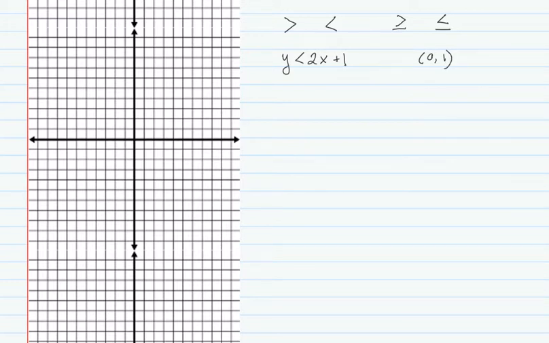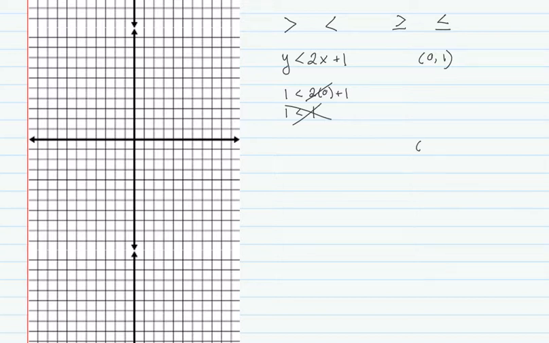That means I substitute 1 in for y and 0 in for x. So 2 times 0 plus 1. So I would get 1 is less than, 2 times 0 disappears as it becomes 0, 1 is less than 1. This is actually not true. So that means 0, 1 is not a solution.